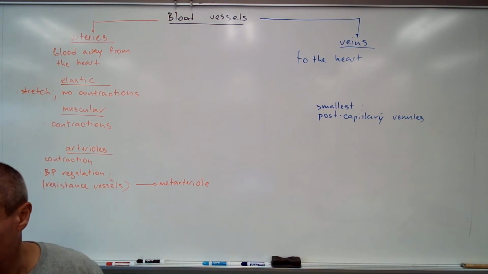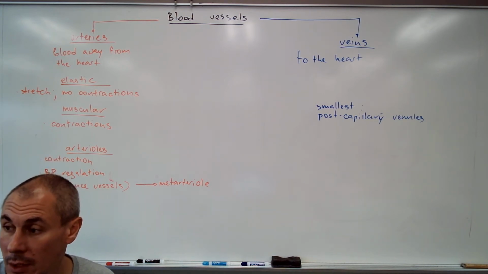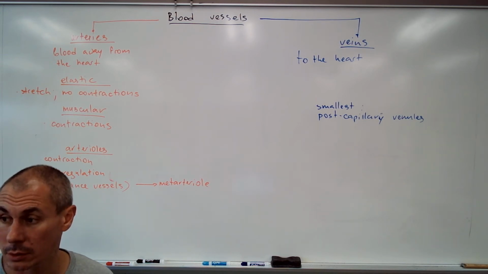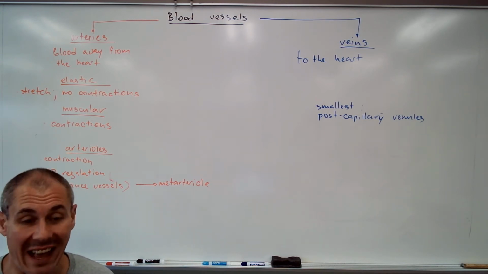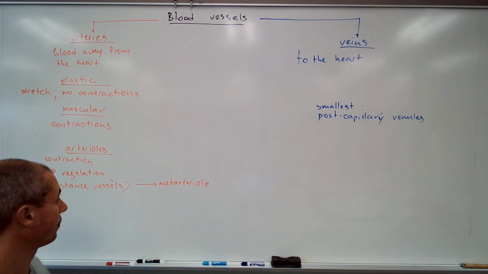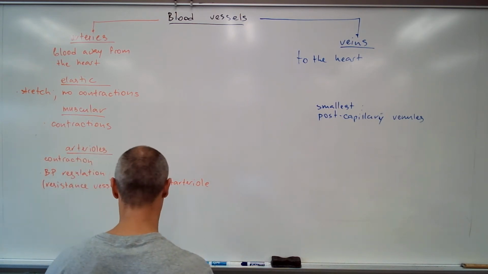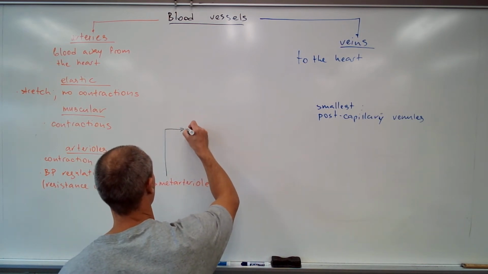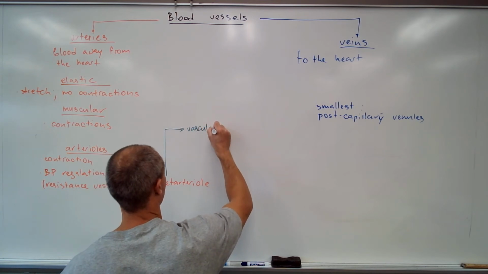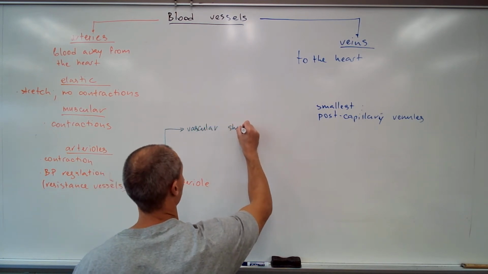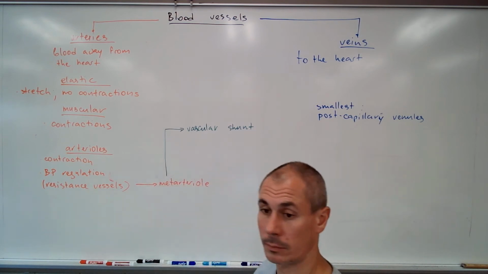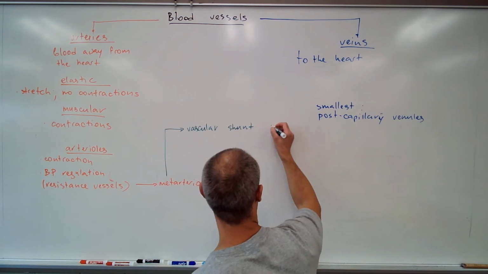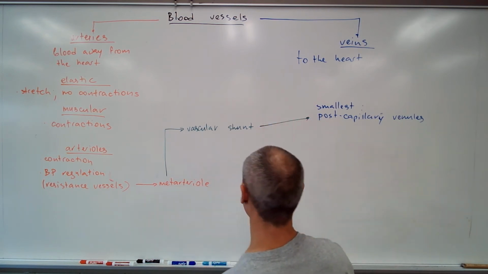Okay? And from the mid-arteriole, the blood enters the so-called vascular shunt. Okay, that makes sense. And from the vascular shunt, it ends up in the postcapillary venule.